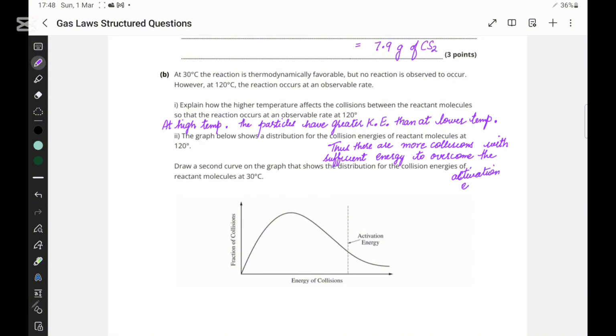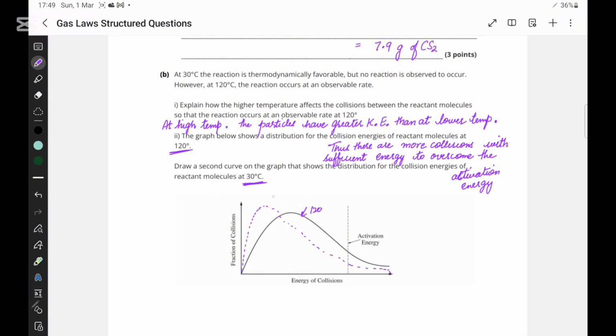And now they are saying to draw a graph that shows the distribution of collision energy of the reactant molecules at 30 degrees Celsius. So the temperature before was 120, and this graph represents 120. And remember here they are asking for 30 degrees. So remember one thing, when we show it for 30 degrees, the graph will go towards the left hand side, and it is going to be at this point.